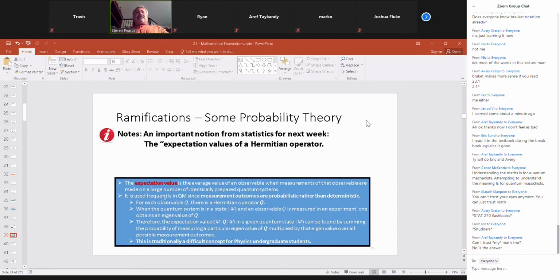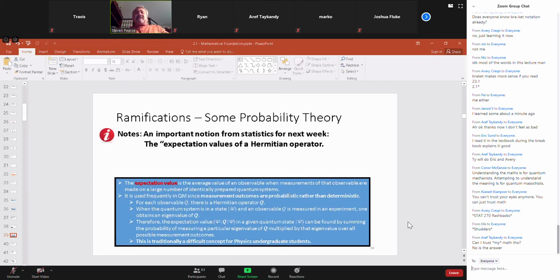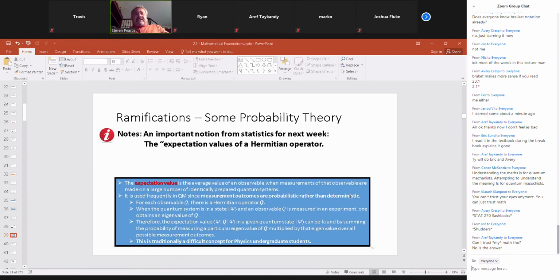It is used frequently in quantum mechanics because measurement outcomes are probabilistic rather than deterministic. For each observable Q, there is a Hermitian operator, bold Q. I tried to put a hat on it, couldn't do it.